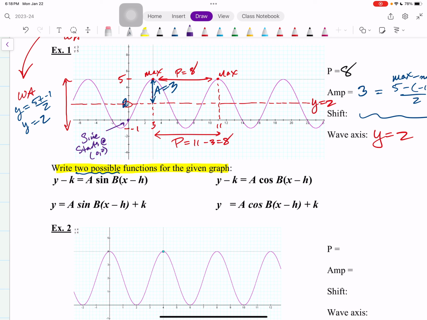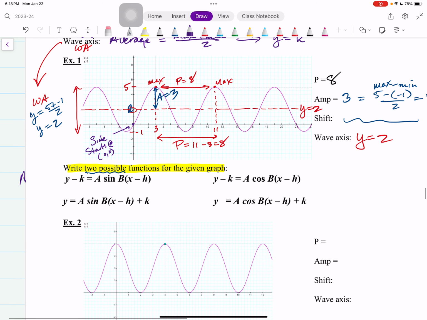So what we need to do is, let's go in the margin and note that, okay? So we know the amplitude is 3, all right? We know that the period is 8. So we also know that the period is equal to 2 pi divided by b in general.